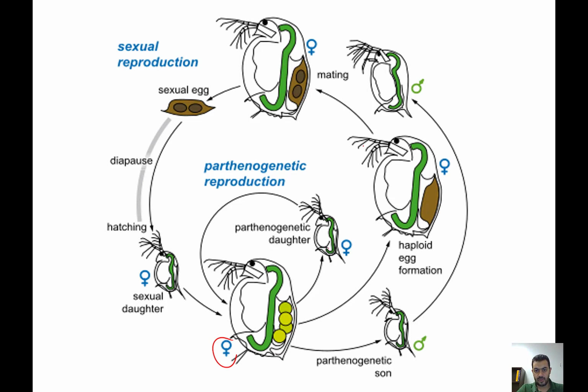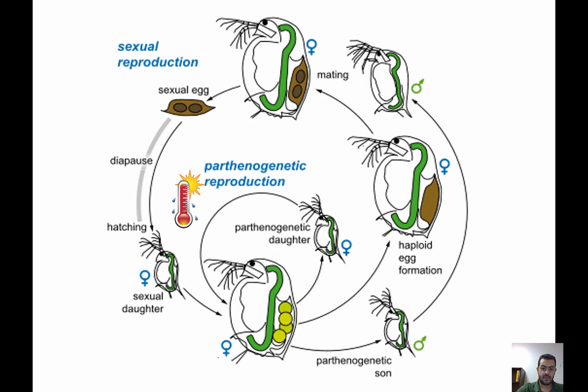These diploid eggs will develop into female daughters, which will grow up into adults and then produce other diploid eggs that will develop into females. So this cycle of parthenogenetic reproduction will continue whenever the temperature is warm enough, whenever the resources are available, so whenever the environment is suitable and stable.